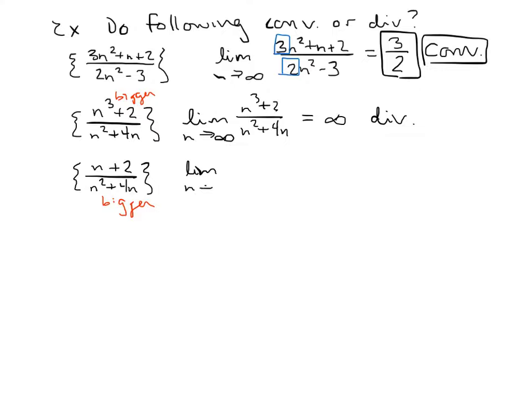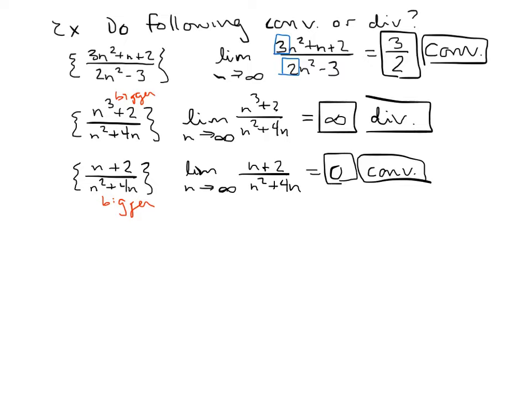So we're going to take the limit as n approaches infinity of n plus 2 over n squared plus 4n. The bottom is bigger, so I think of that as 1 over infinity, which would go to 0. So this would converge to 0. I forgot to box this upper one.